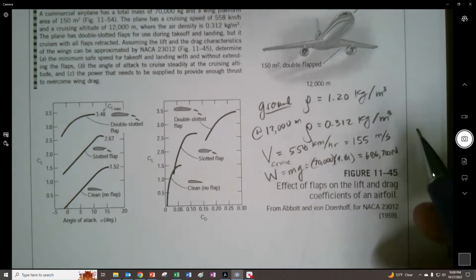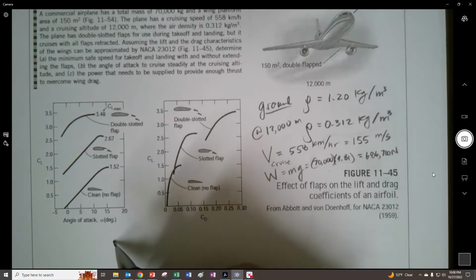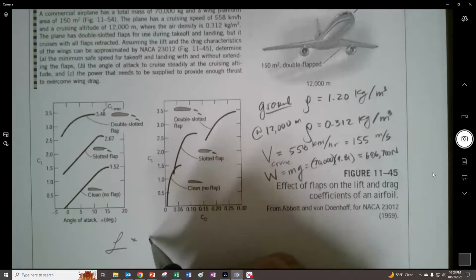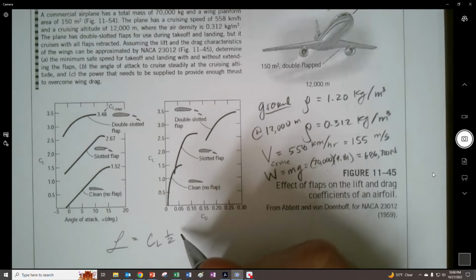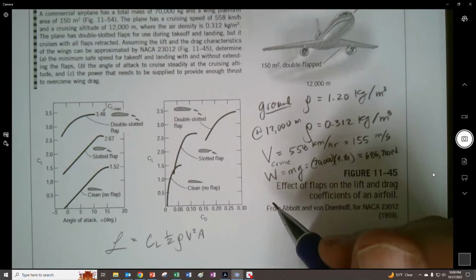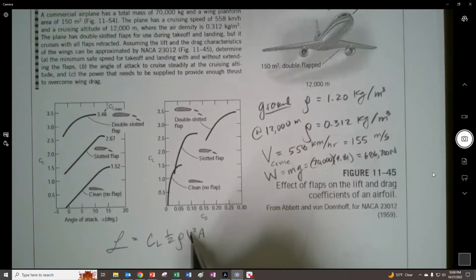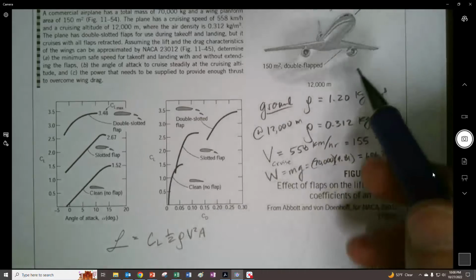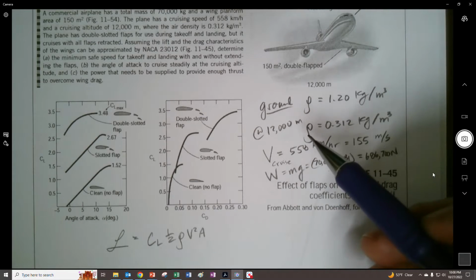Okay, so we're going to use our main equation here for lift. It's going to be the lift coefficient times 1/2 rho v squared A. And if you want to find this minimum velocity, what's going to determine the minimum velocity?